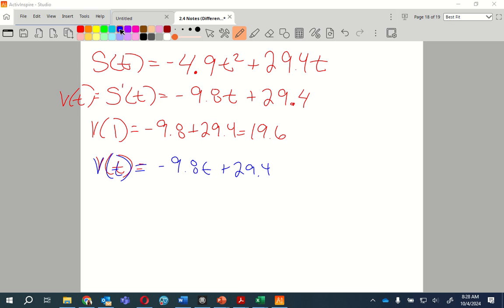And like I said, you set it equal to what? 0. Set it equal to 0. So 0 equals negative 9.8 t plus 29.4. Do a little bit of math. I get negative 29.4 is equal to negative 9.8 t.